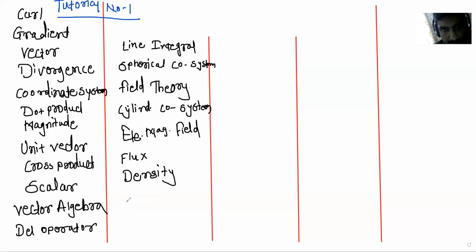Spherical coordinate system is already written. Rectangular coordinate system, okay. Direction. Okay, next.